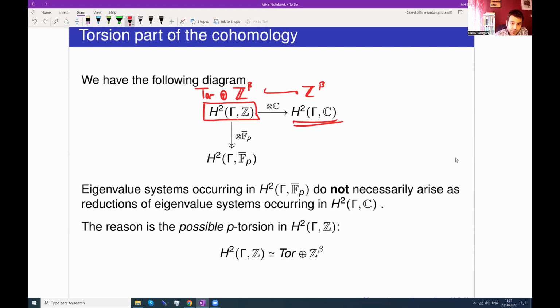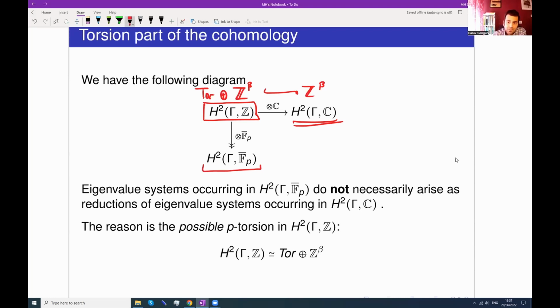But if you look at the standard mod P, there's a standard long exact sequence that tells you that tensoring by F_P bar, I should maybe have said F_L bar, but anyway, is surjective. So by tensoring with F_P bar, you surject onto the mod P cohomology.